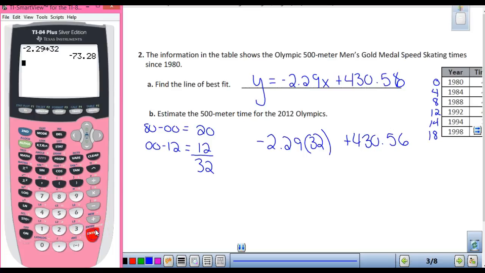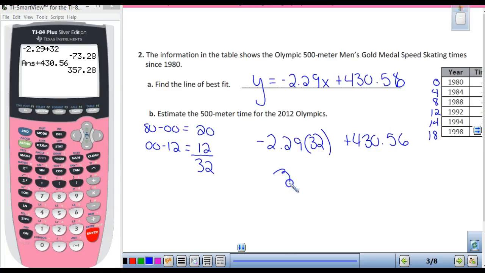Hit enter. And then plus 430.56 equals 357.28.